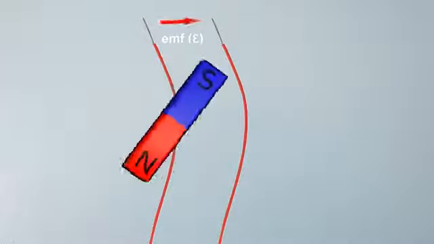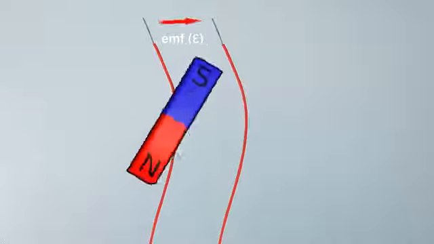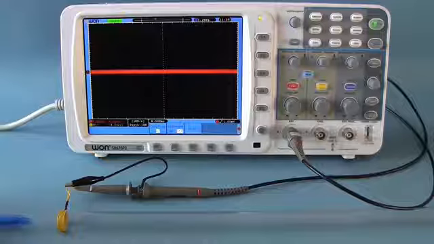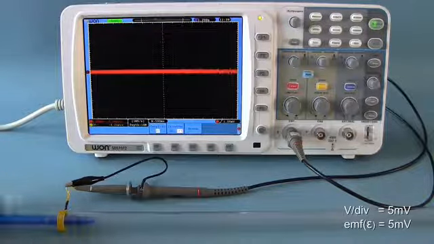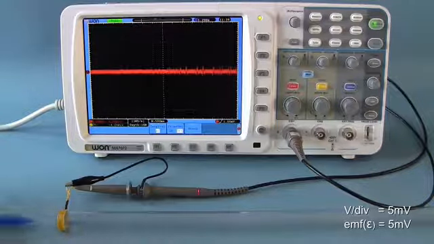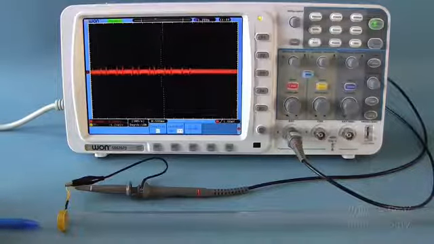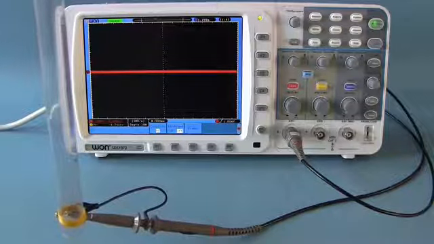Because the input impedance, or simplified resistance, of the oscilloscope is very high, we will see a voltage change instead of a current. First, I will manually change the magnetic field in the coil. As you can see on the oscilloscope, the voltage difference produced by the changing magnetic field is only a few millivolts. To change the magnetic field faster, I will drop the magnets through the coil.